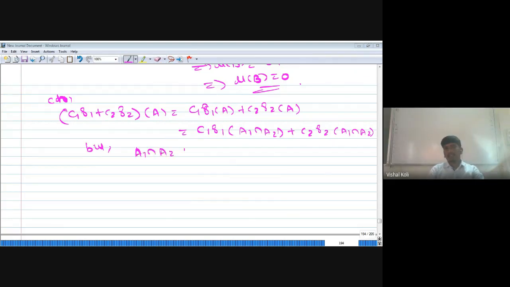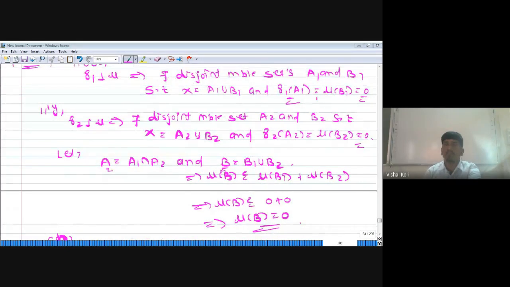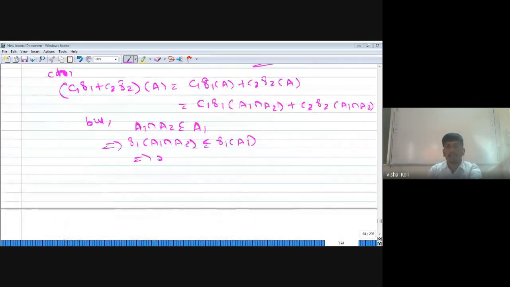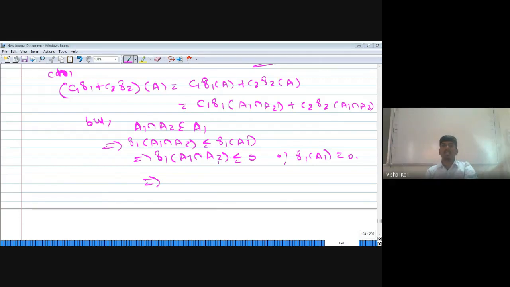Now, A1 intersection A2 is a subset of A1, which implies gamma 1 of A1 intersection A2 is less than or equal to gamma 1 of A1, and gamma 1 of A1 is equal to 0. So gamma 1 of A1 intersection A2 is less than or equal to 0, and as gamma 1 is a measure, it is only possible that gamma 1 of A1 intersection A2 equals 0.